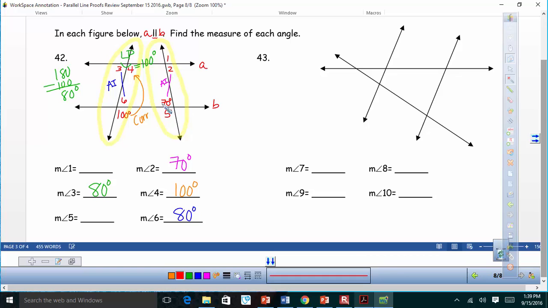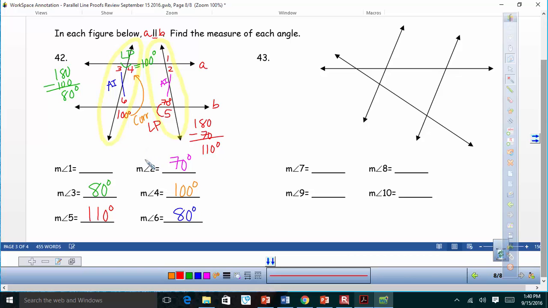Very good. 70 and 5 are a linear pair. So I would do 180 minus 70, and that would give us 110. So angle 5 would be 110, and then how do we find angle 1?